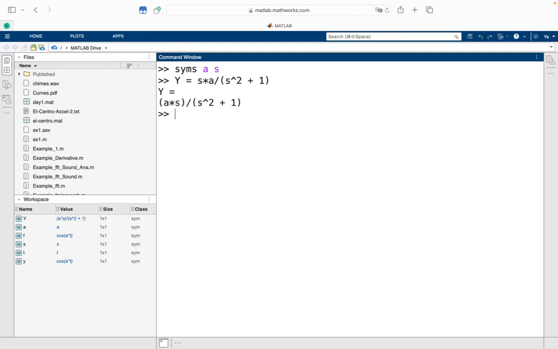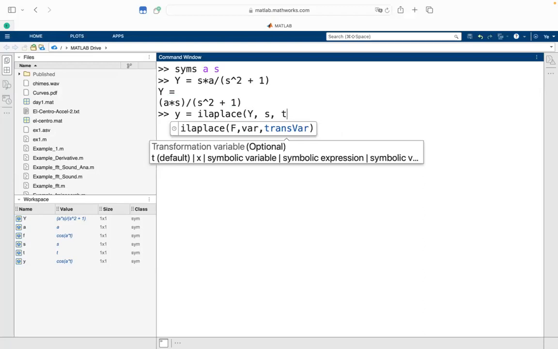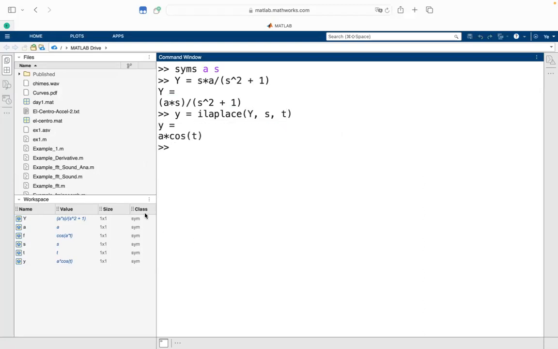Then small y equals the inverse Laplace of capital Y, s to t. So you can see y equals a times cosine t. Here the a in the cosine is 1.